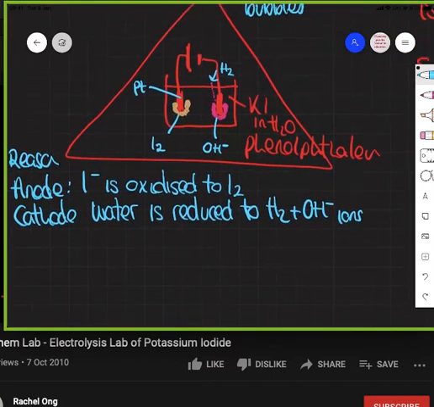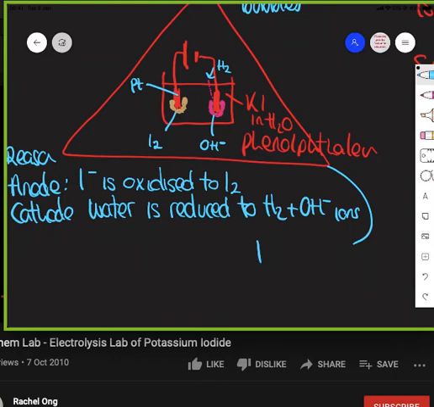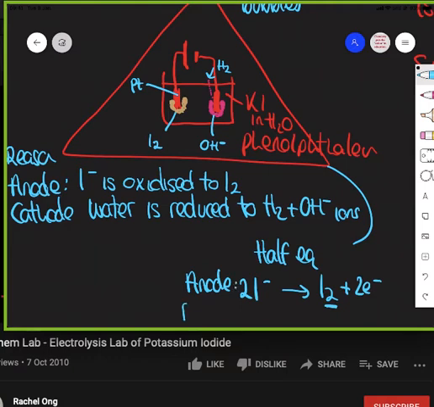So for our half equations, you should be able to write a half equation for I minus becomes iodine. It's going from -1 to 0, which is +1 electron. But I have to bear in mind I have 2 I's, so I have to double my I's here, and I have 2 electrons here. And then we're reducing water, so the water is getting the 2 electrons.